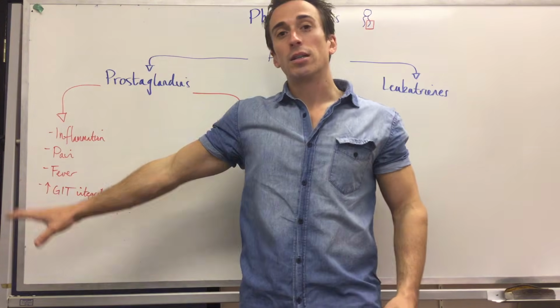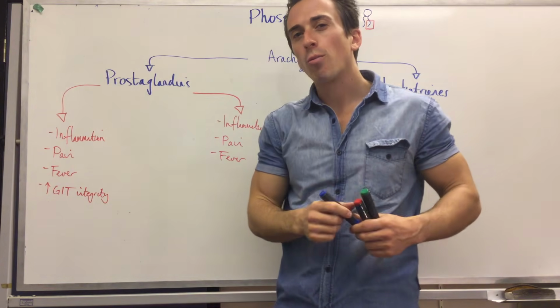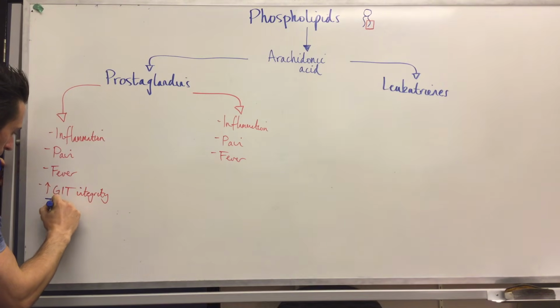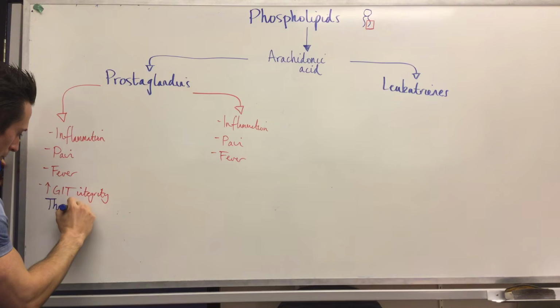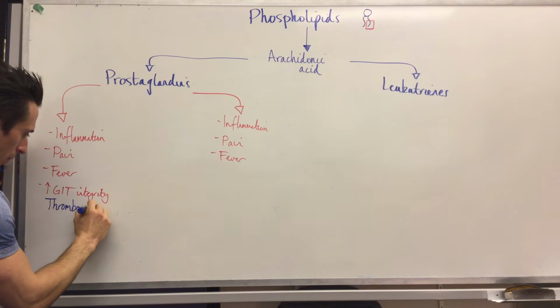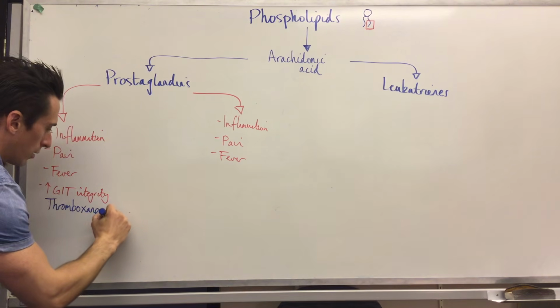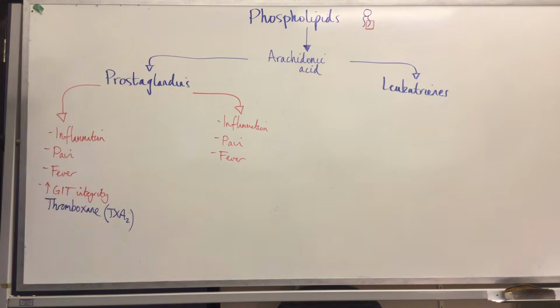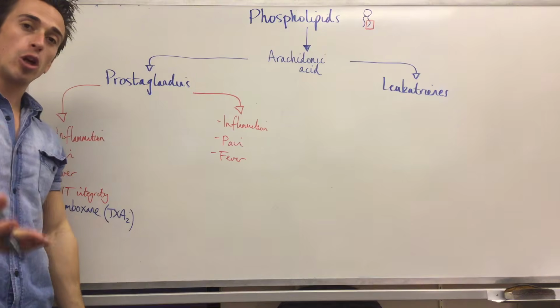These prostaglandins on this side also produce something called thromboxane. So let's write thromboxane. Now thromboxane you may see written as TXA2, and thromboxane is involved in the clotting pathway.